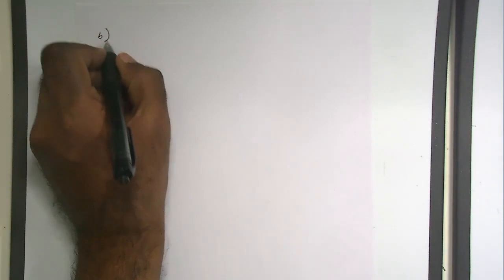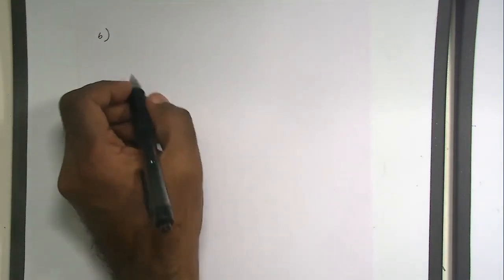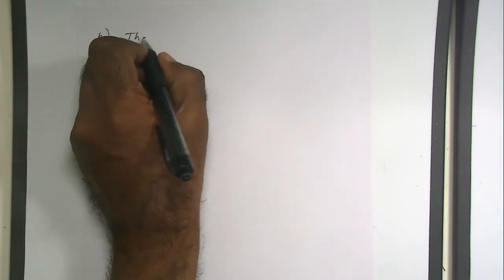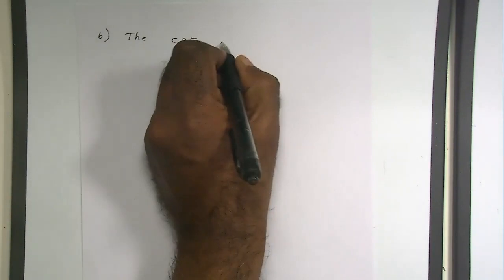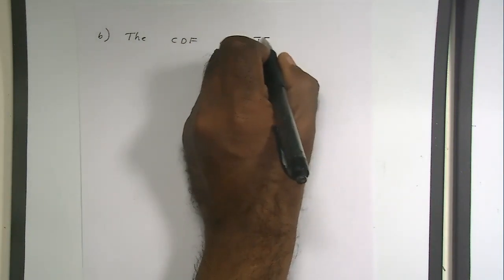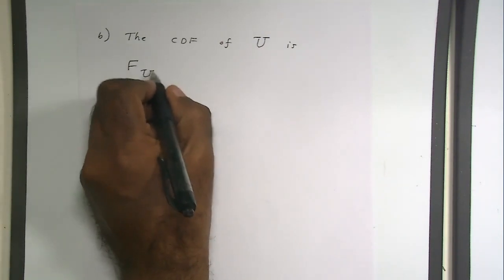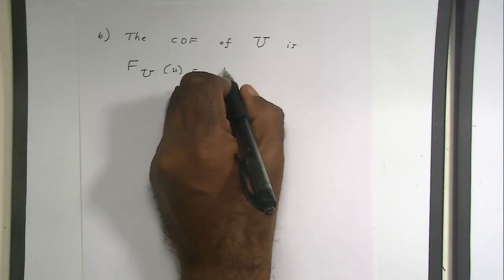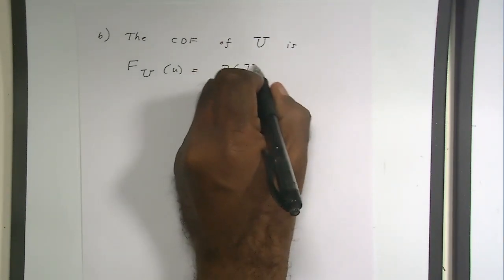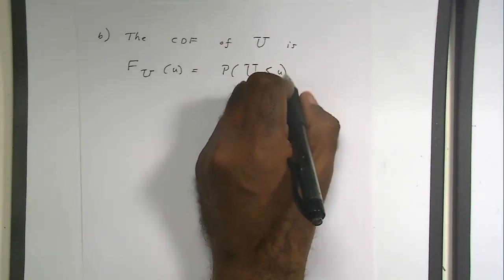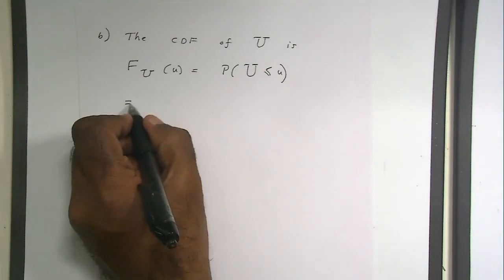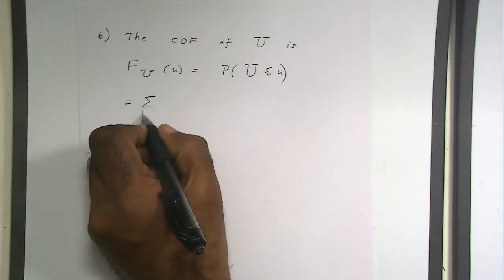Now I'm going to move on to part B. All right, B. We want to find the CDF of U. Okay, and this is equal to the sum from 1 to infinity.